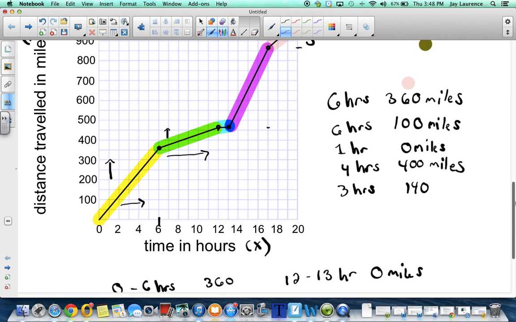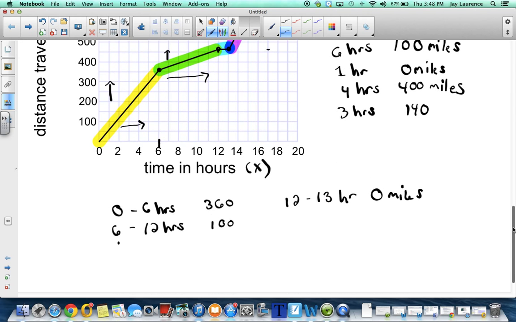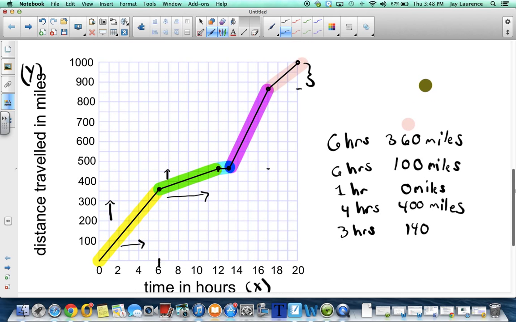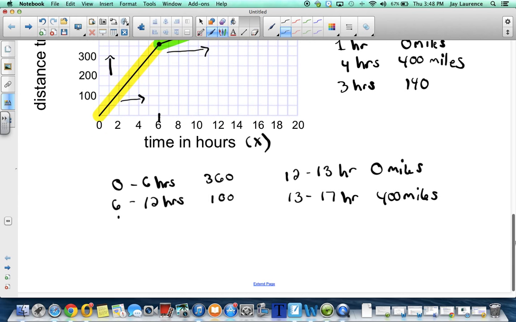Now, from the 13th to the 17th hour, they went 400 miles. And from the 17th to 20th, they went 140 miles. So 17th hour driving to 20th hour driving, they went 140 miles.